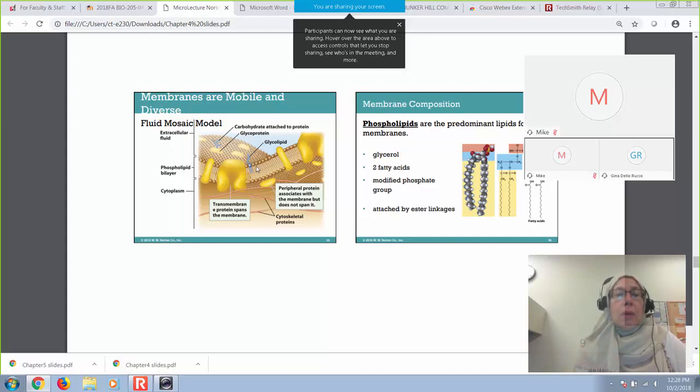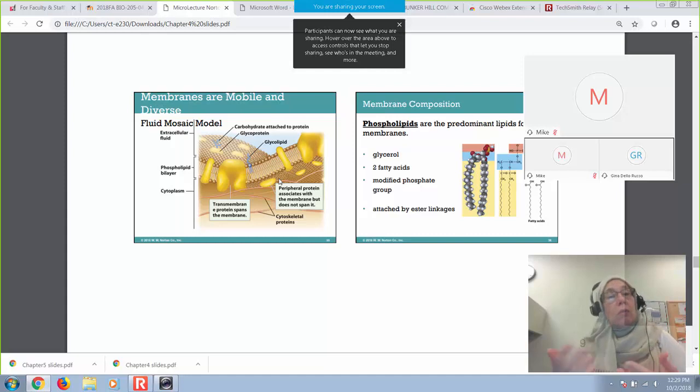Okay, so remember that this lipid bilayer, because of its hydrophilic, hydrophobic orientation, is semi-permeable. Not everything can get in and out freely. Only very small molecules that are not charged and some polar small molecules can get in. Nothing big can get in and nothing charged can get in.